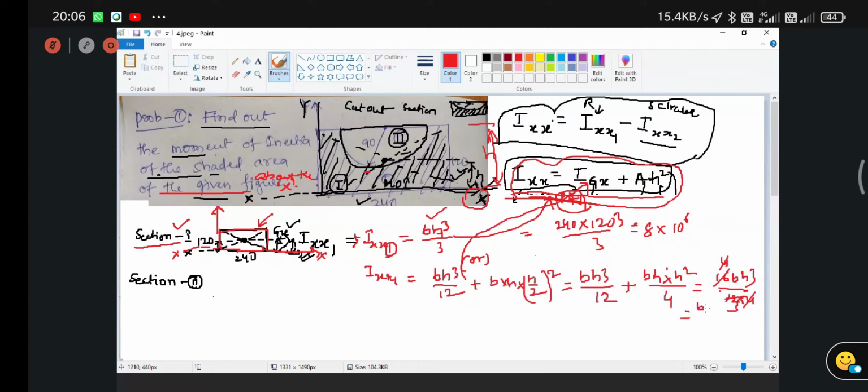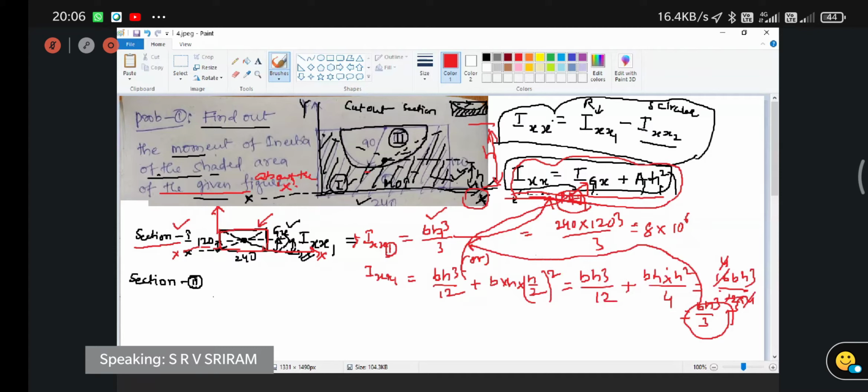So directly we are going to get BH cube by 3 about the base. So that is how we applied this formula about the base axis, that is 8 into 10 power 6.